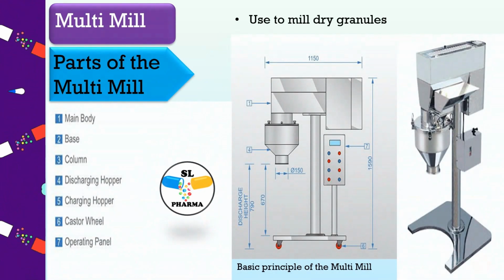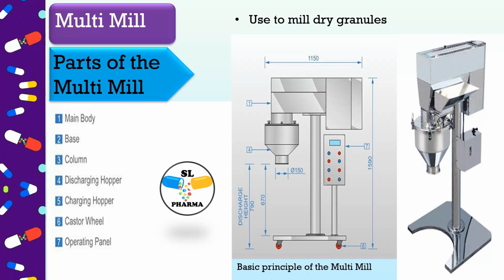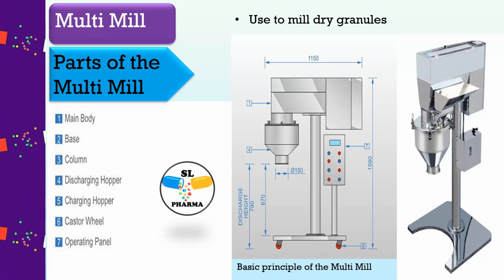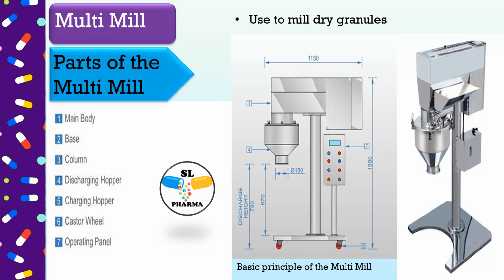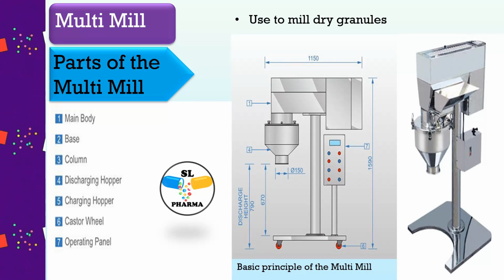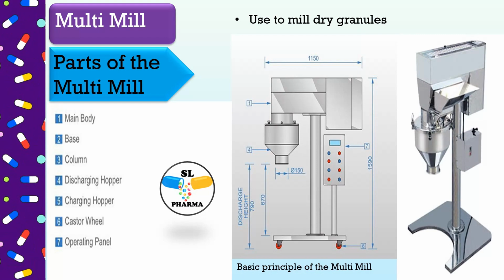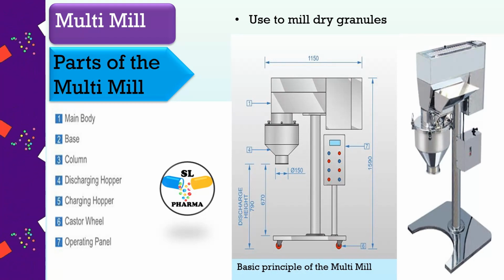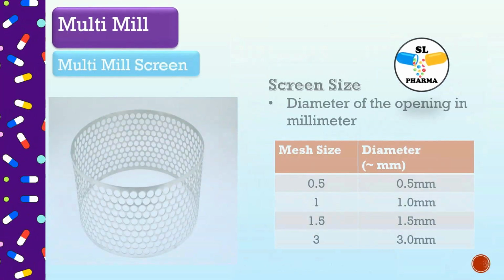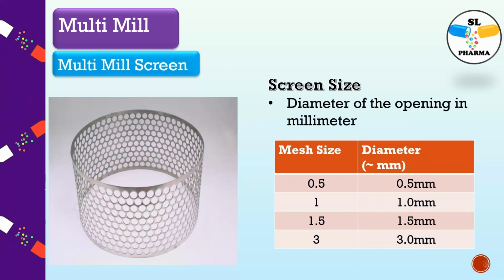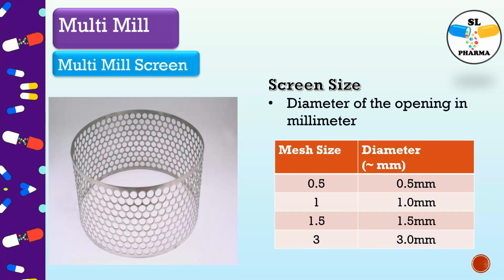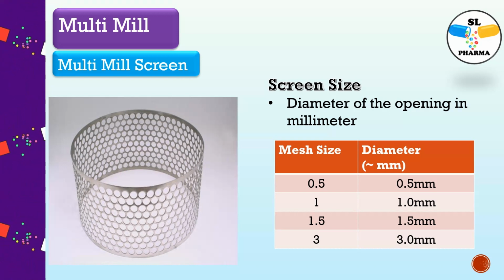A multi-mill is a versatile pharmaceutical and industrial processing machine designed for size reduction, granulation, and material handling. It is commonly used for applications such as milling, granulation, and pulverization of powders and granules. In a multi-mill, screens play a crucial role in controlling the particle size of the milled or granulated material.